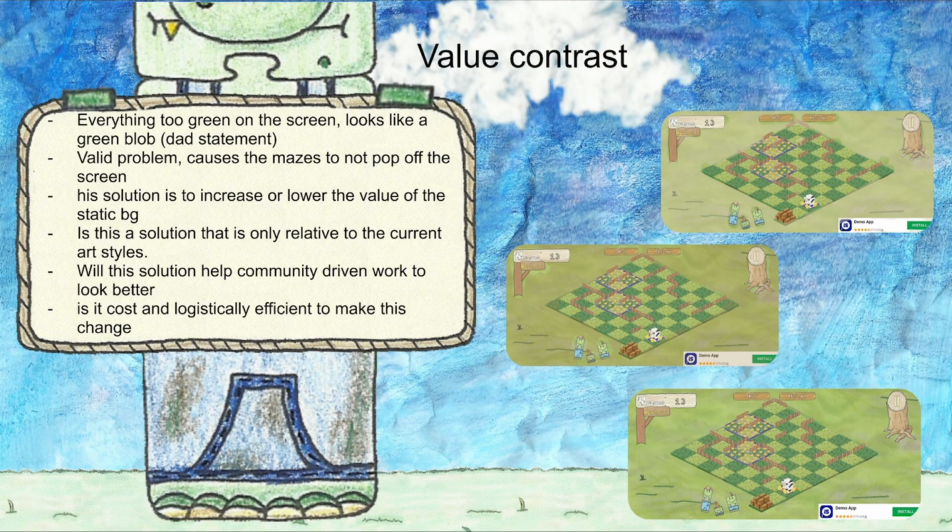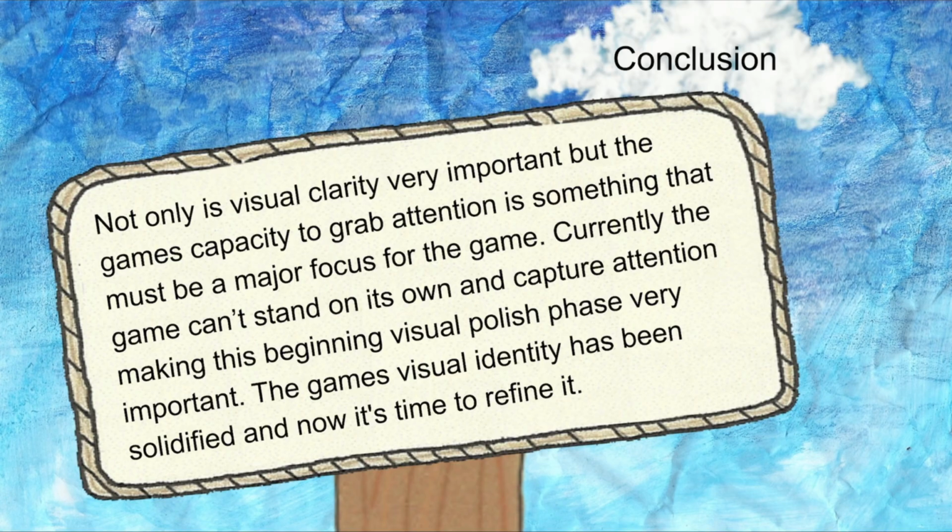You can see the top image here with the lighter background most certainly helps the maze pop out. So it may be a situation that just has to be addressed. This visual polish phase is very important. It's going to take longer than just one phase. It's going to be something that's going to be hashed out over time.